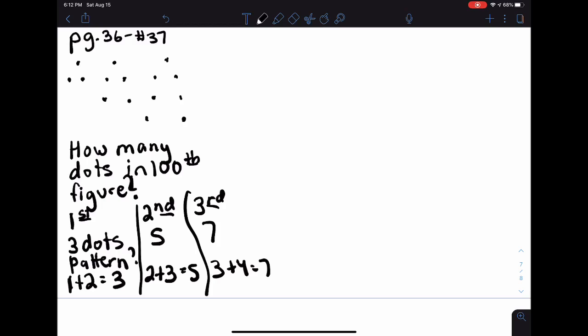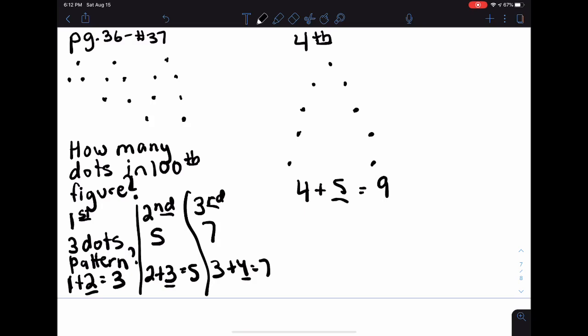So, what goes on in the fourth position? Well, each time you're just adding 2 more dots. But that's 4 plus something equals 1, 2, 3, 4, 5, 6, 7, 8, 9. 4 plus 5 equals 9. So notice that the number we add, the position plus 1 more, equals the number of dots.